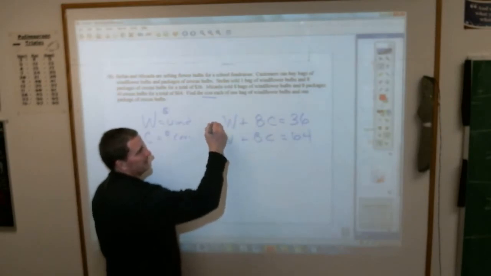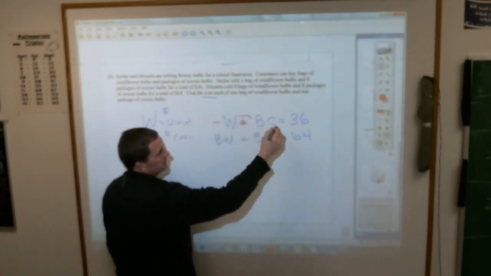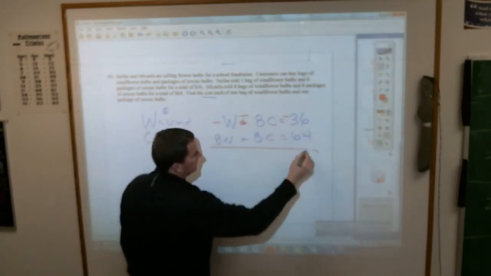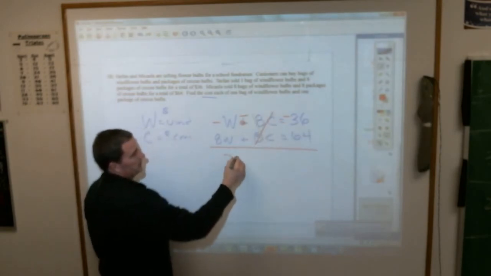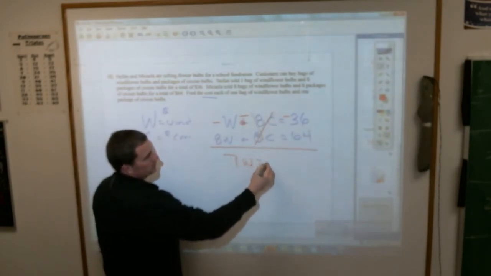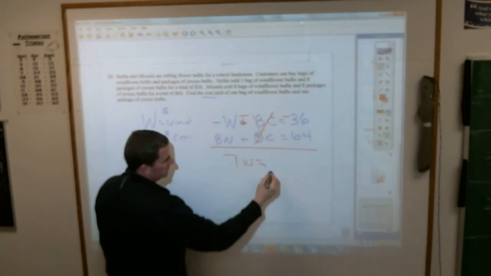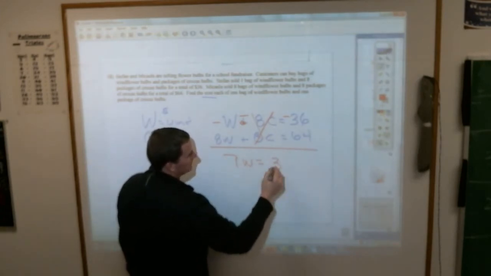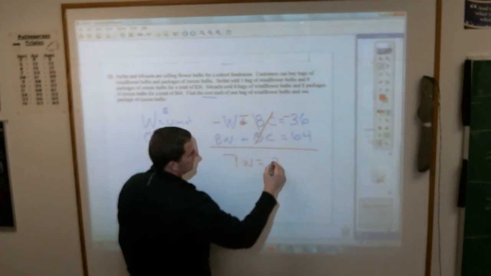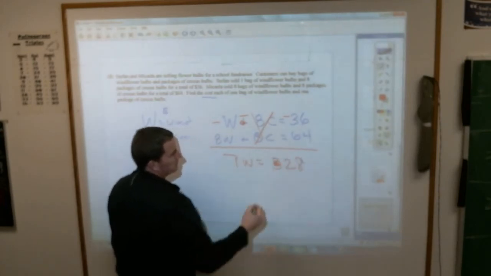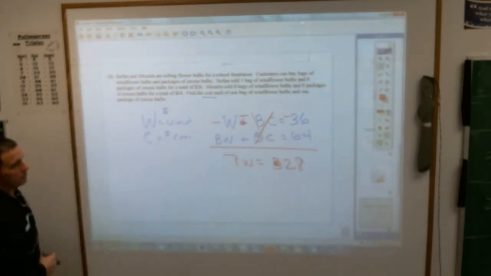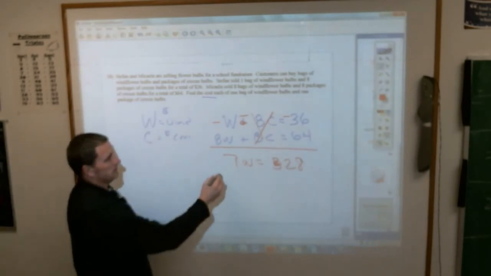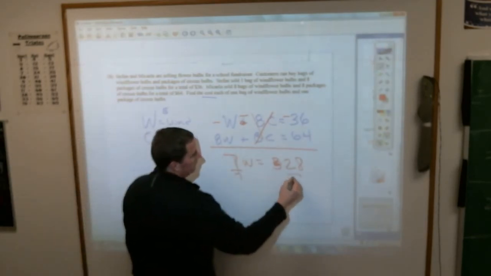So I'm going to multiply these by negative, and then these go away, you end up with 7W equals, if you subtract those two, what is it, 38? No, 28. So 7W equals 28, ends up being positive, divide by 7, divide by 7.